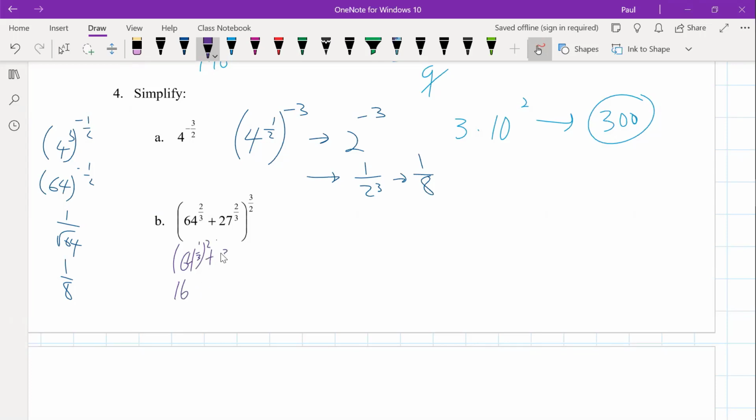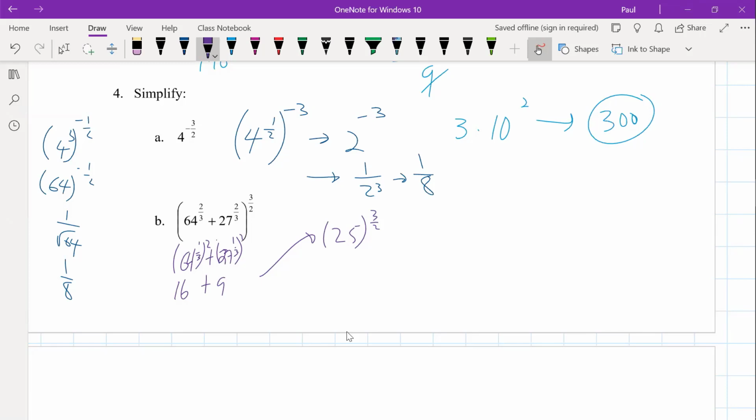This is 27 to the 1/3, which is 3 squared. So this is just 16 plus 9. This whole thing is just 25 to the 3/2. Wait. What did I say? What's that? What did I say, Kevin? I heard 16, I was like, 23.